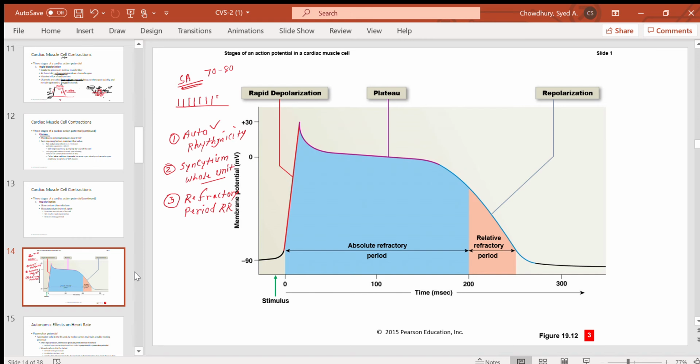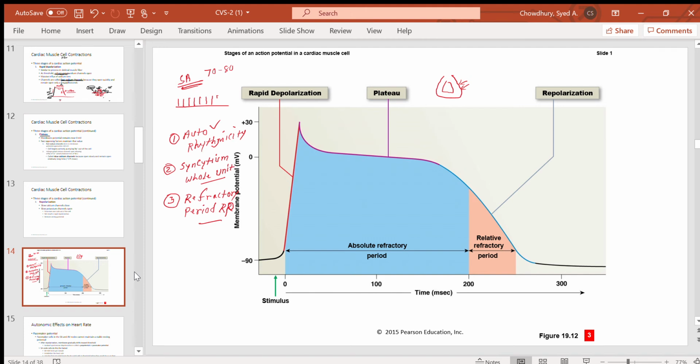What is refractory period? RP. During the contraction of your heart muscle, if you give another stimulus, the heart muscle will ignore it and continue contracting, which is very important.